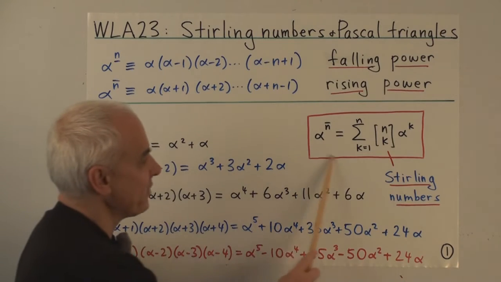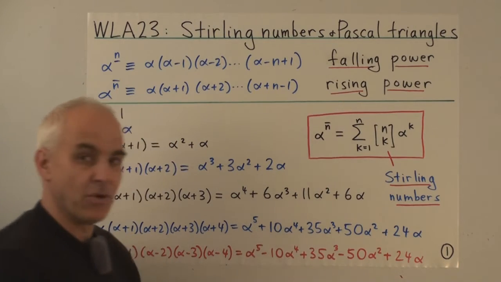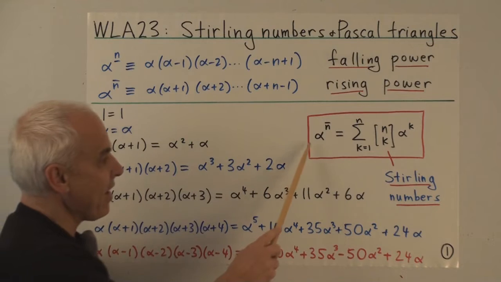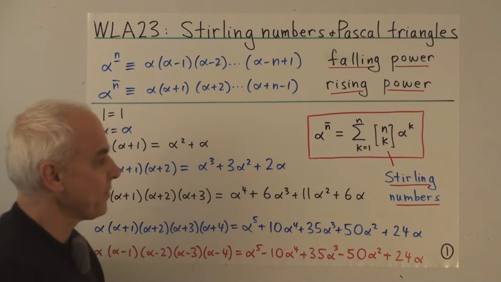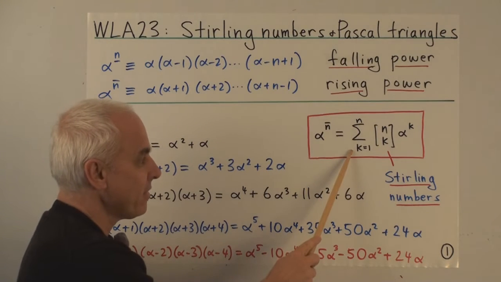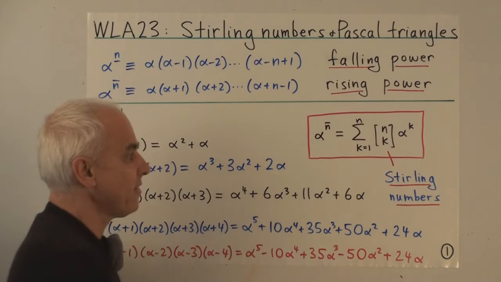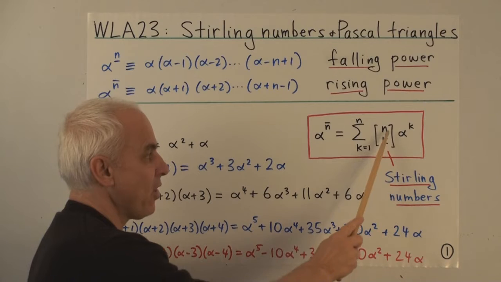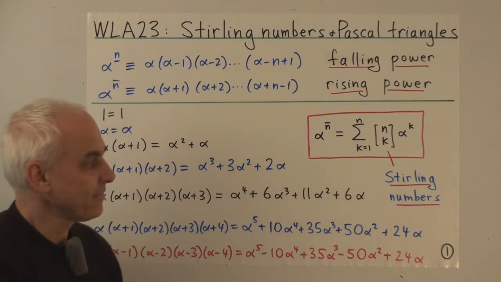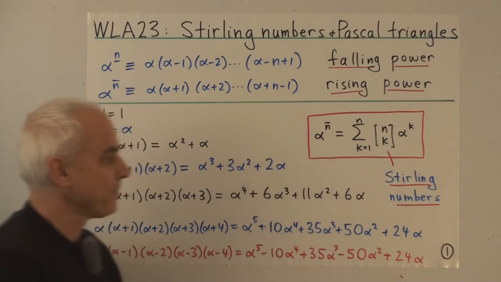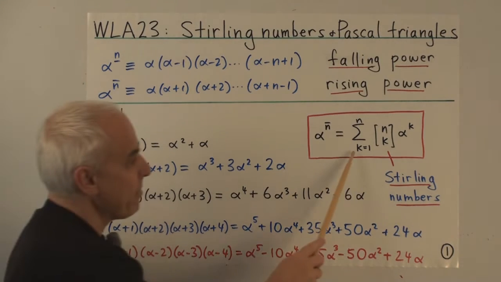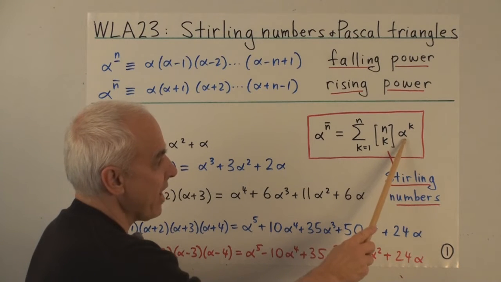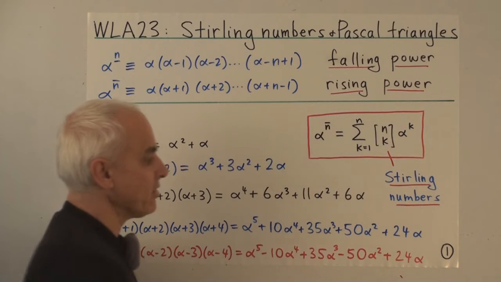So we can express the coefficients compactly with this summation notation by saying that alpha to the n rising is a sum from k equals 1 to n of a certain coefficient, which we'll call n bracket k, times alpha to the k. So in this sum, we're starting with the lower powers of alpha and going up in the powers of alpha.